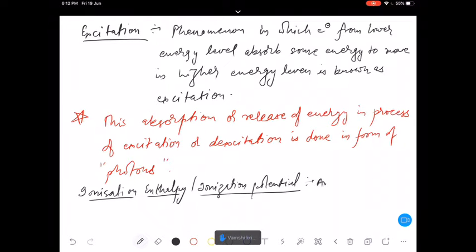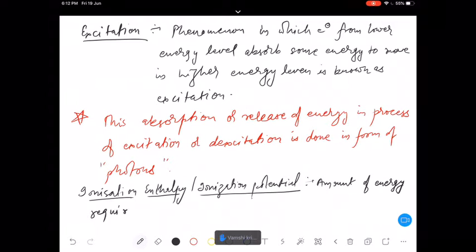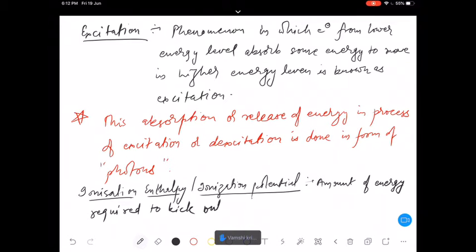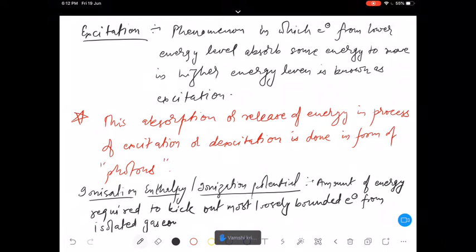See, it is amount, try to remember this definition. Okay, amount of energy required to kick out most loosely bounded electron from isolated gaseous atom.